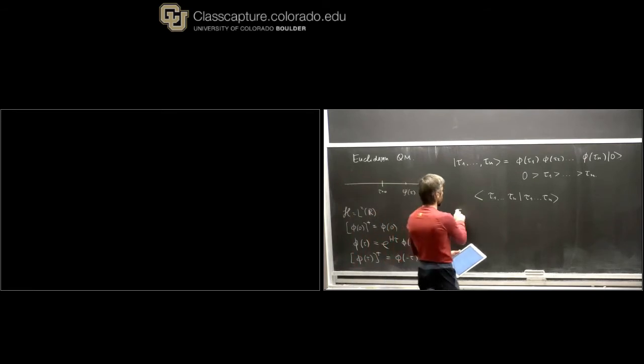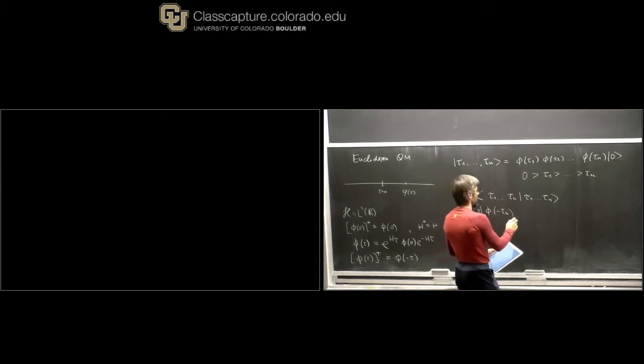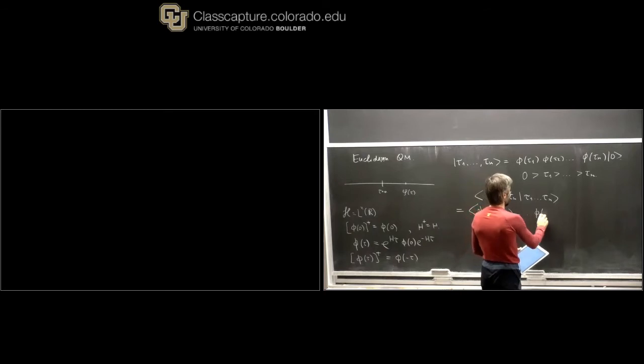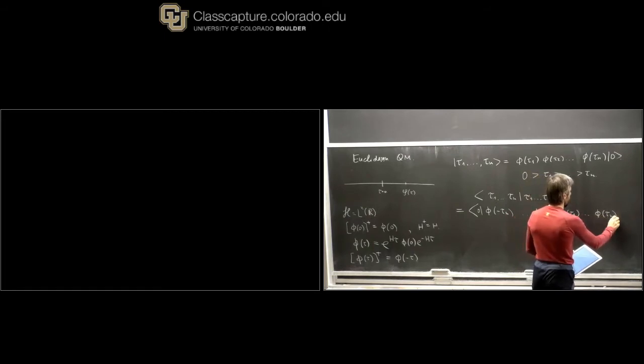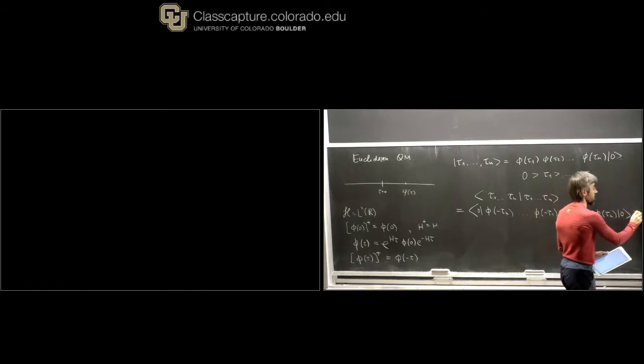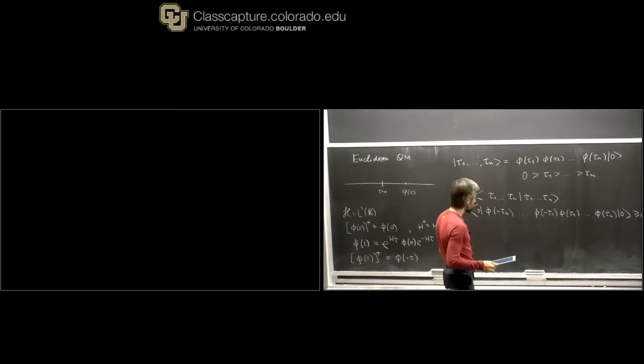So this is equal to phi of minus tau n, phi of minus tau 1, phi of tau 1, phi of tau n. I know that this is positive. This is what I know in quantum mechanics.